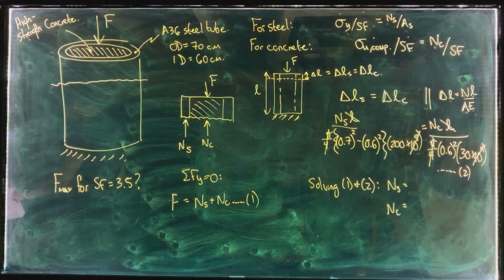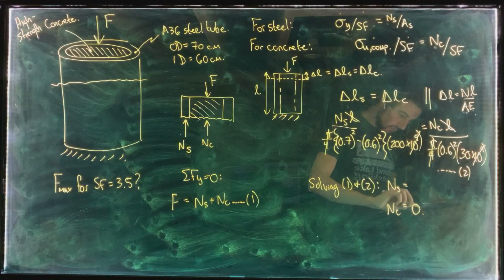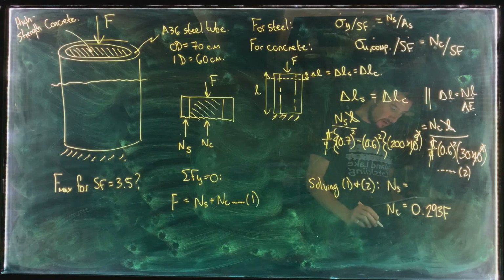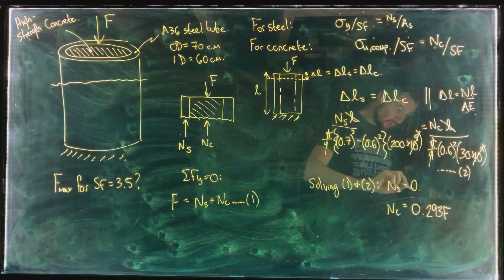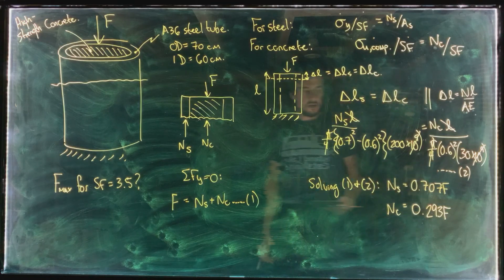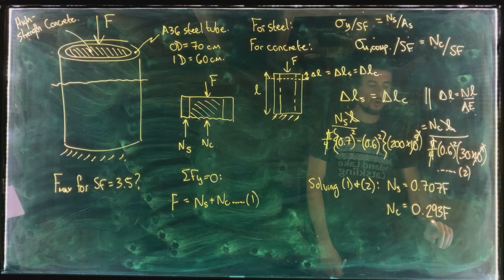Let me see what they come out to be, or the split between those. So we get NC is going to be 0.293 F, and NS is 0.707 F. So the steel carries approximately 70% of that applied load, and the concrete carries approximately 30% of that applied load.